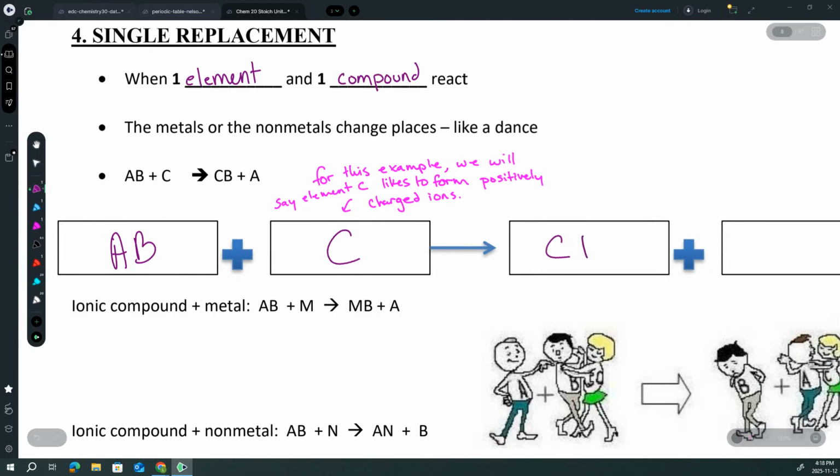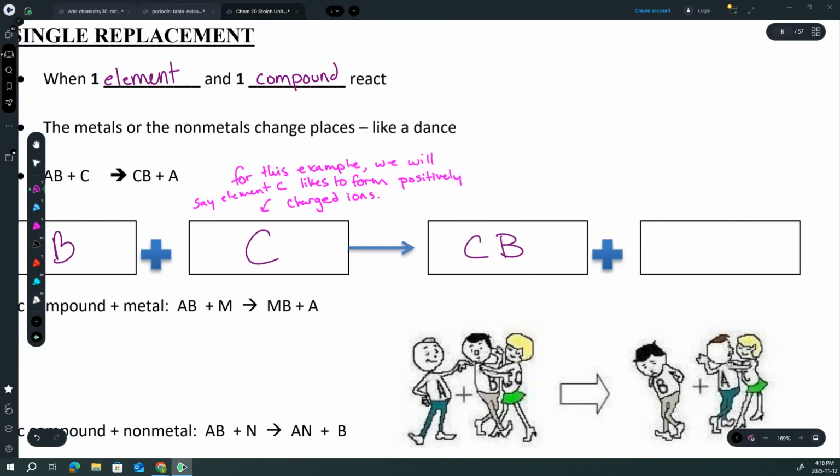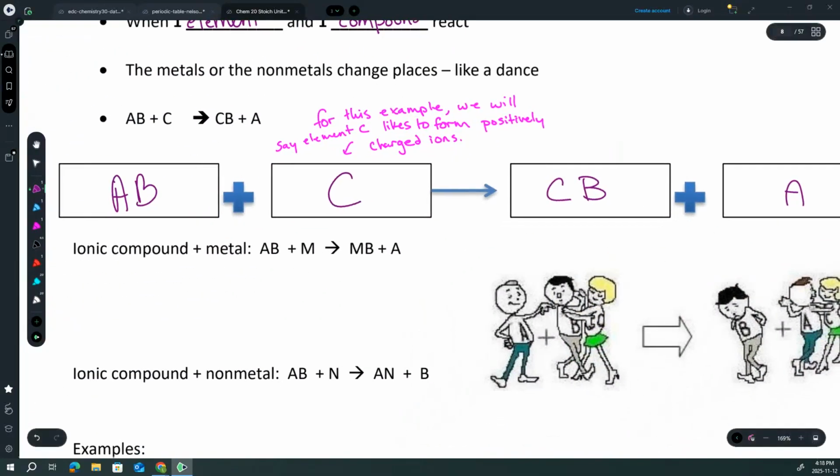That's why we get compound CB and then element A.